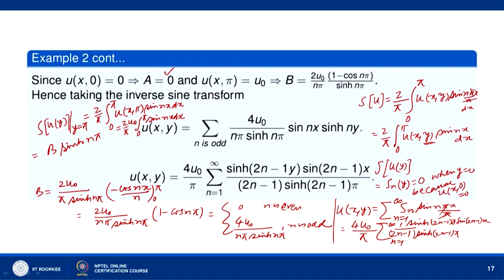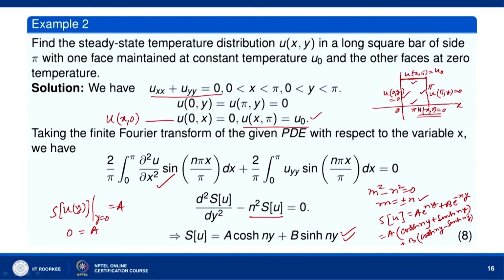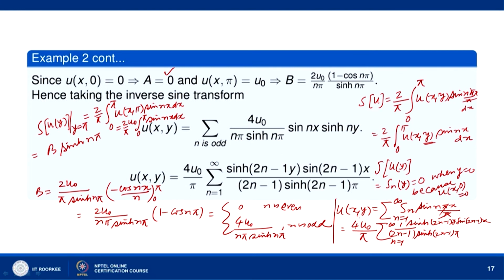So, we have found the value of B, and then from B we find the value of S_n. S_n is found from here after putting the value of B. Once we have S_n here, we can then write the inverse finite transform u(x, y) equal to sigma n equal to 1 to infinity S_n sin(nx). And S_u(y), as I said, is the integral 2 over pi, 0 to pi, u(x, y) sin(nx) dx.